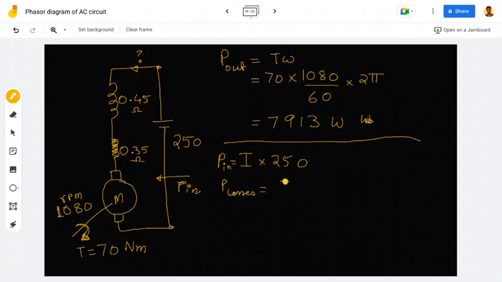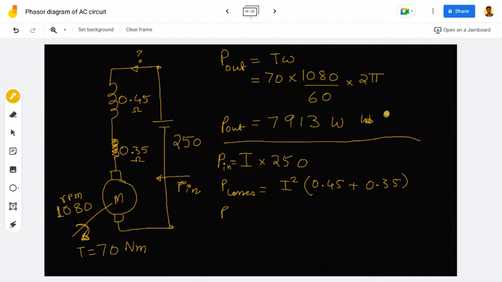So only copper losses I will take. So I square multiplied by 0.45 plus 0.35, right? Okay, and then neglecting the rotational losses, my output power already I have mentioned here, right?